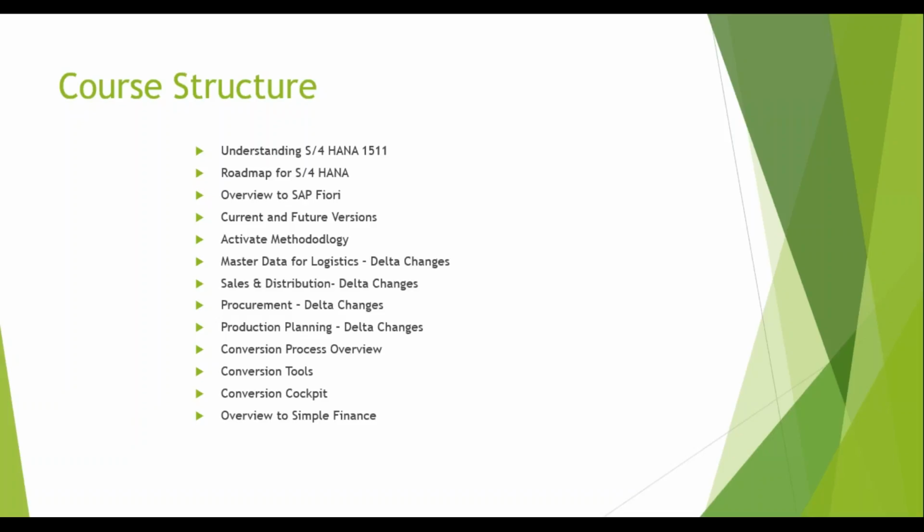So what are the phases in the conversion process? What are the tools required to convert your existing ECC system into SAP S/4HANA? SAP has provided the conversion cockpit, which is the folder available within SPRO. So we'll be talking about the activities available in that folder.